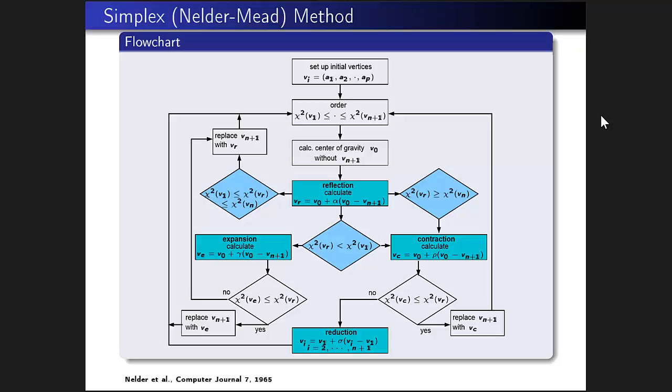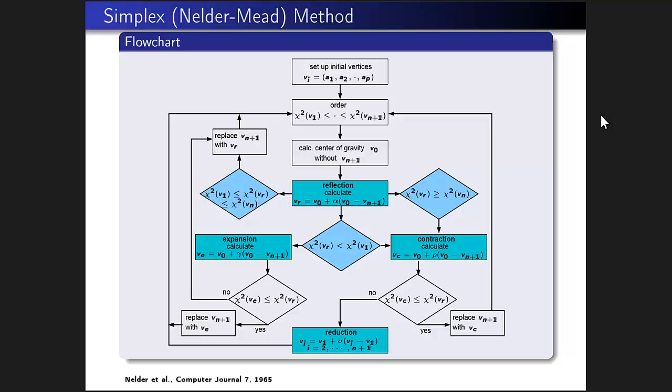So say you take away this one, then you're looking for the center of gravity along this line. And I think we called that V naught. You first check to see if you reflect.